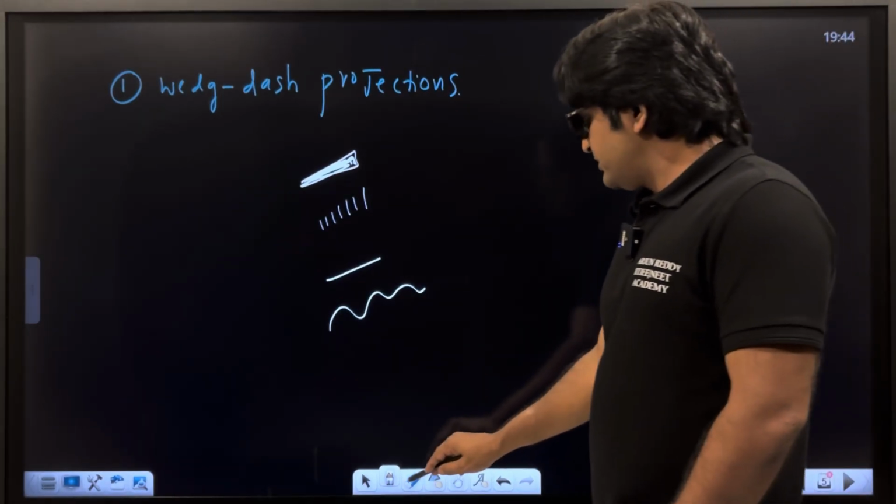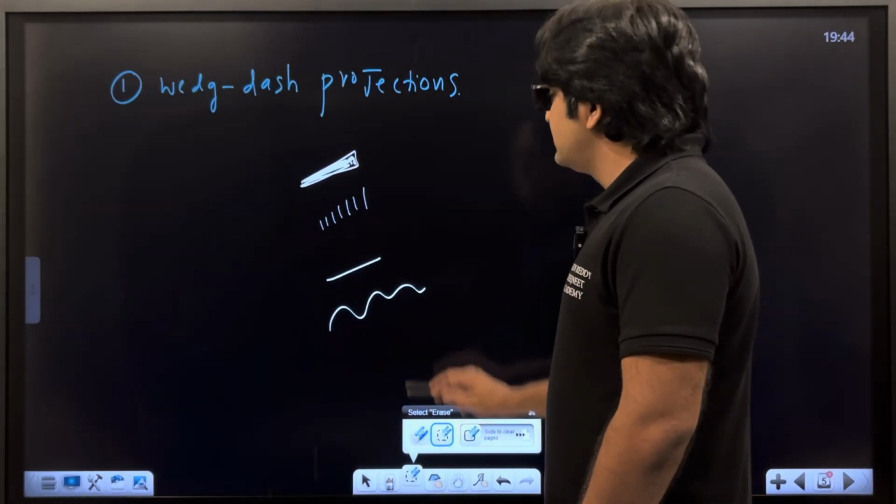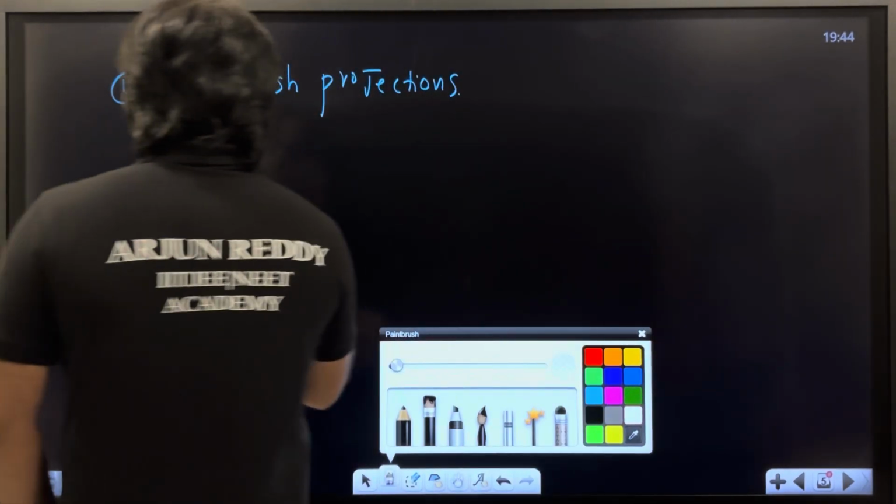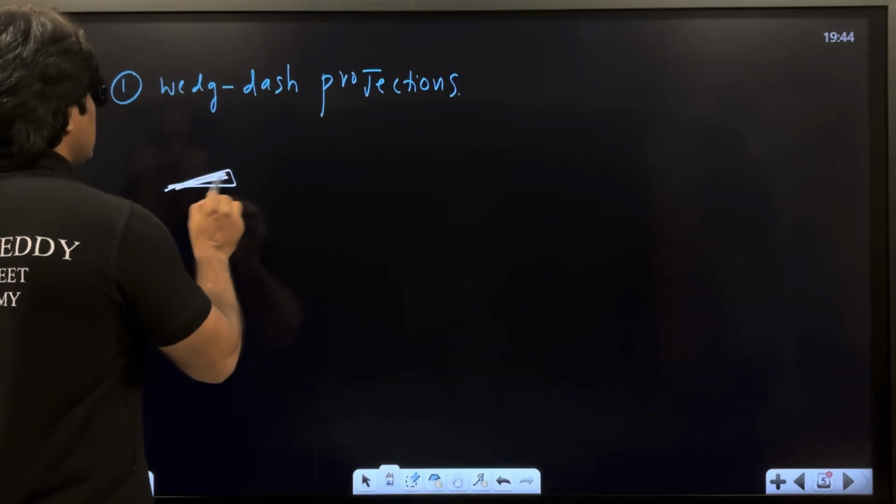So what is the main purpose or main use of this wedge representation? First one I am going to take is thick wedge. What is the meaning of thick wedge?